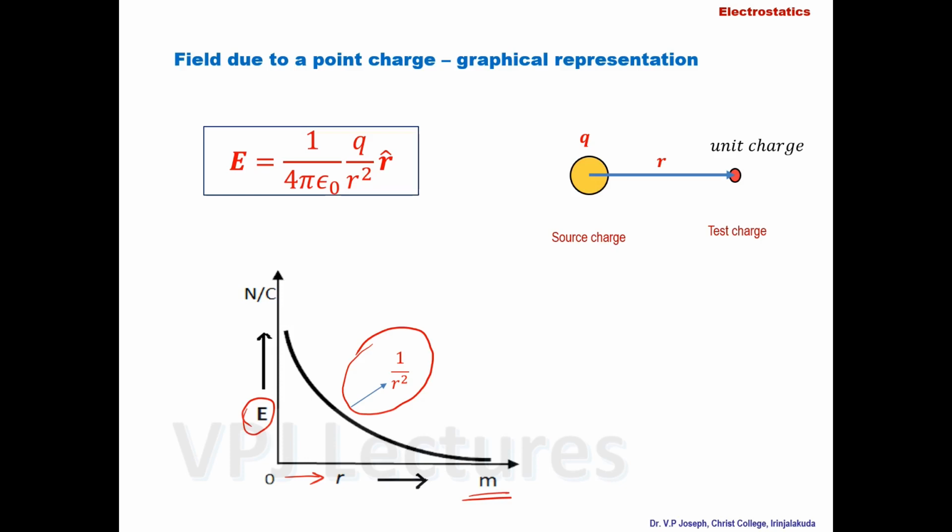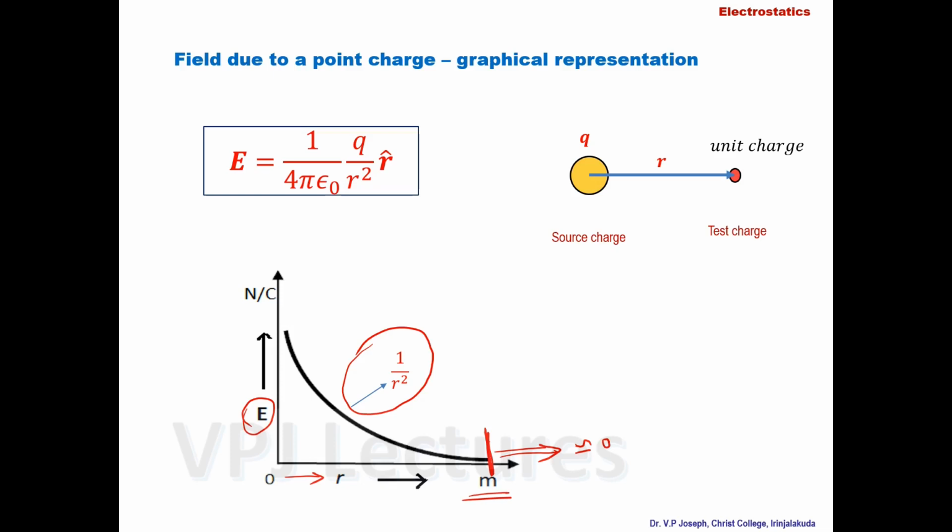And we can see that after a distance, the value decreases to a very small value, and beyond that region, we can say that the electric field is negligibly small or approximately equal to 0, and that region is defined as the infinity region.